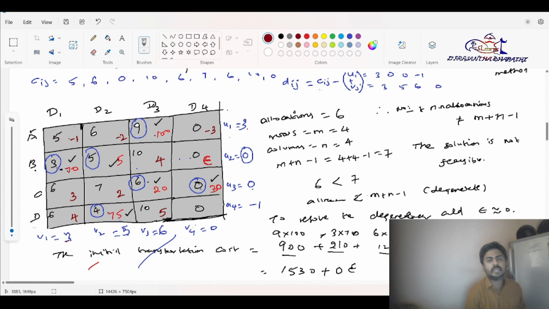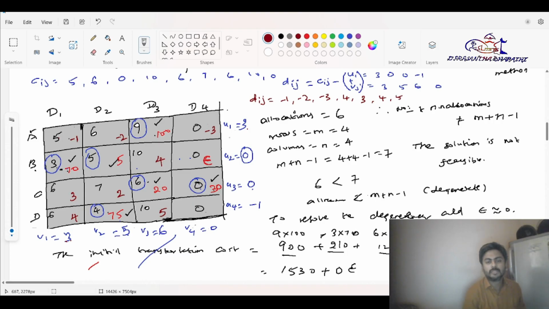So what are the dij values? The dij values are minus 1, minus 2, then minus 3, then 4, then 3, then 4, then 5.